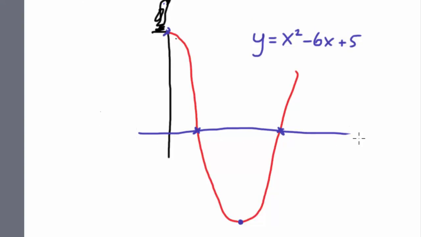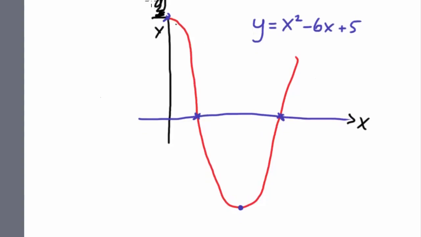Okay, so this is your x-axis, and this is your y-axis. Now to work out where it has jumped off, this is called the y-intercept. Now, to work out the y-intercept, it's always going to be when x is equal to 0.